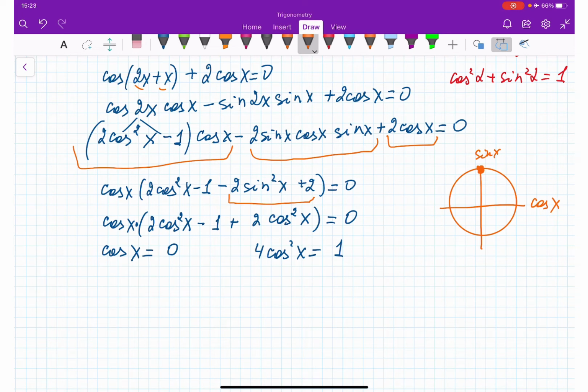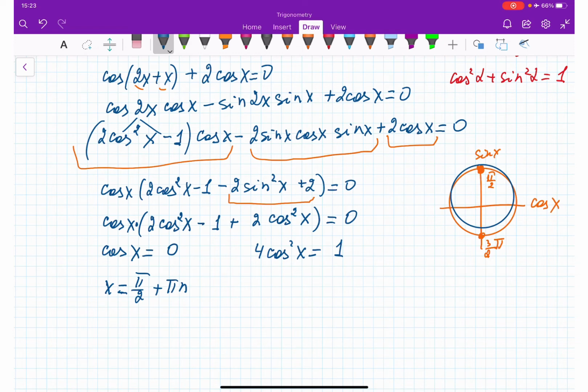That is half a pi. Where else is it equal 0? Right here. So at the point of half a pi, at the point of 3 over 2 pi. And they are differing by 180 degrees. So 180 to here, 180 to here. And from here, I can write down x is equal pi over 2 plus pi n, meaning 180 degrees, and as many times as you want, n.